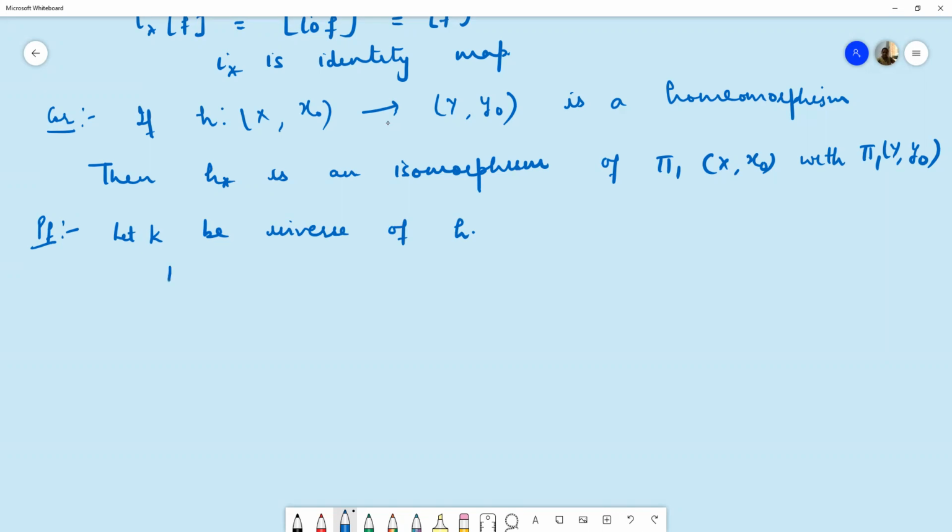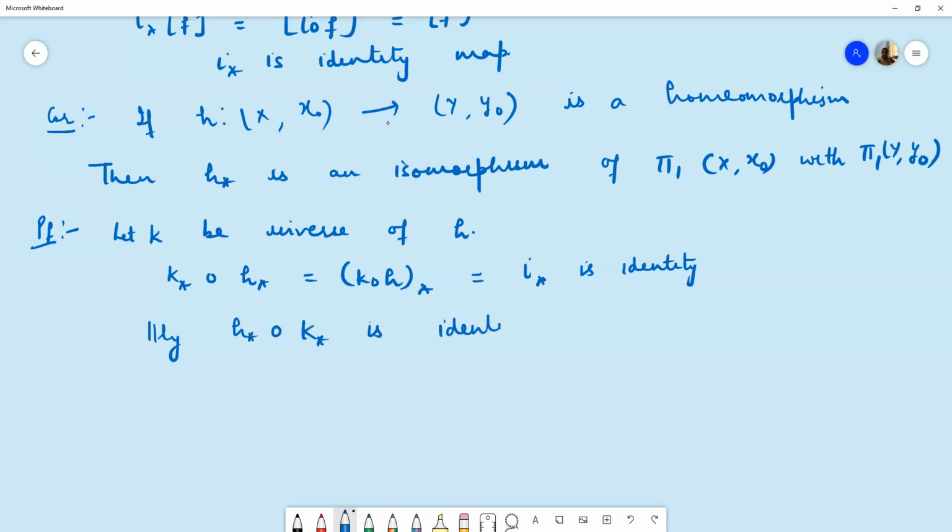And in the previous result, we have proved that K* ∘ H* is equal to (K∘H)*. And if K is the inverse of H, then K∘H is the identity map. So it is I*, and I* is the identity. So here we are proving that K* ∘ H* is the identity map. Similarly, we can prove that H* ∘ K* is also the identity map.